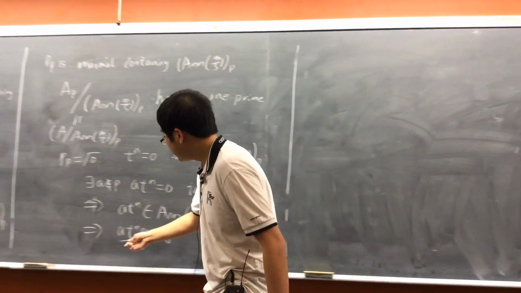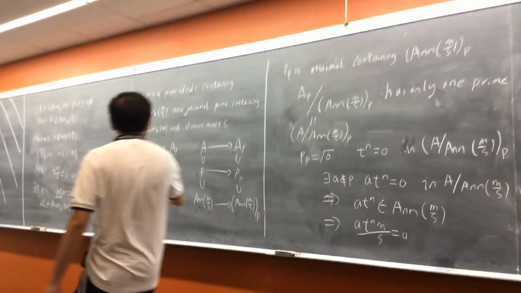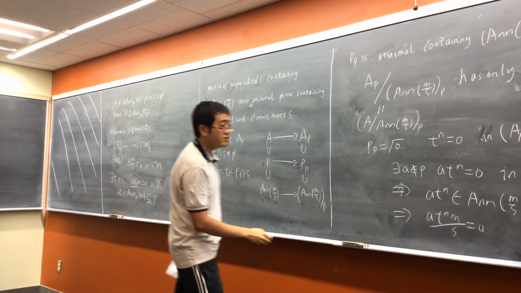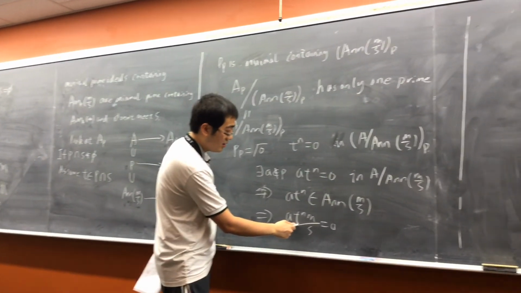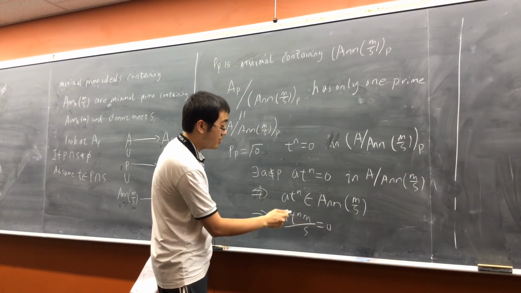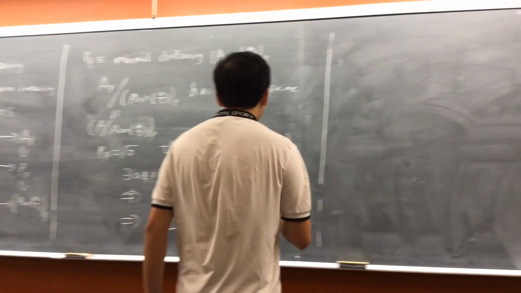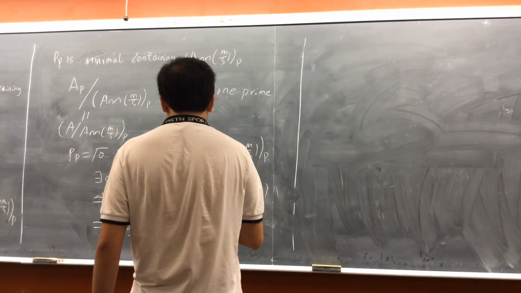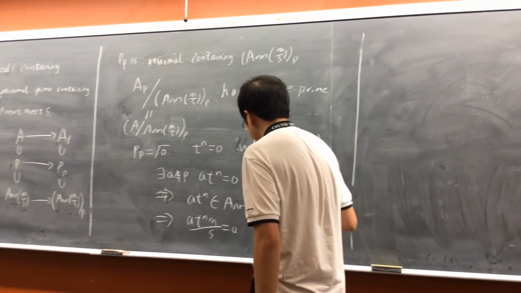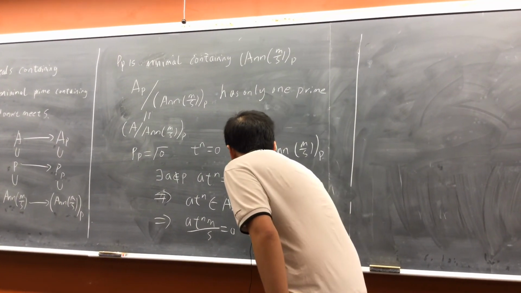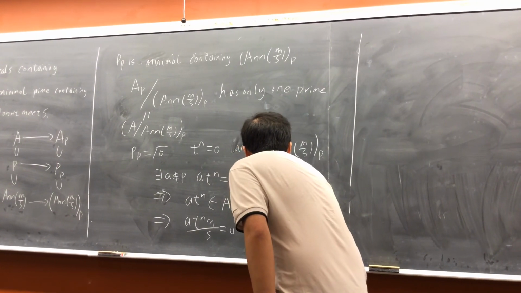And remember, T is an element both in P and S. So if T is in X, that means T is a unit in the S inverse M. So this is 0 in S inverse M.